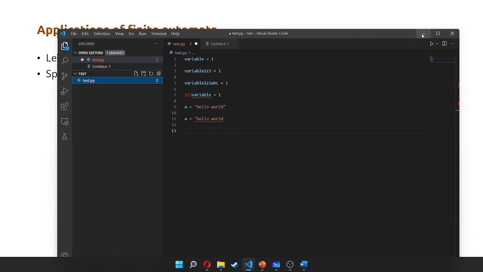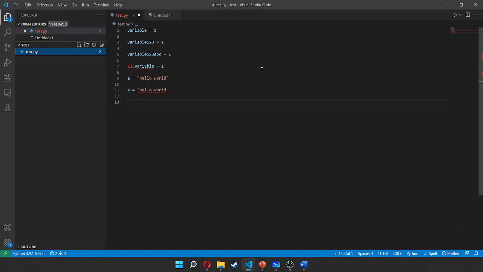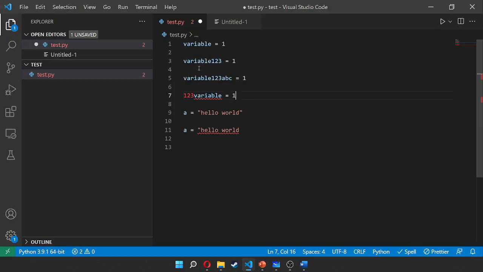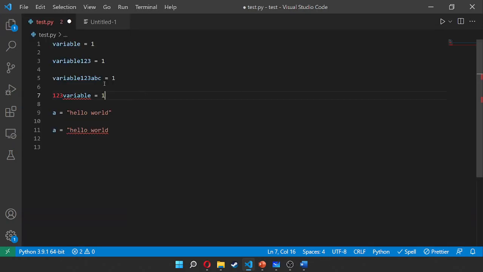Okay, kita ninyo? So this is a Python na code. Notice ninyo sa first three nga lines, nag-declare lang tag variable which is equal to 1, and then variable 123 which is equal to 1, and variable 123ABC is equal to 1.